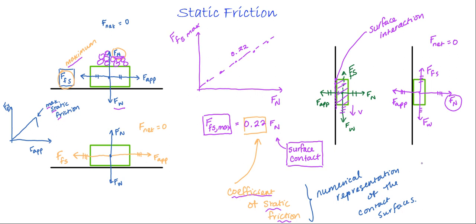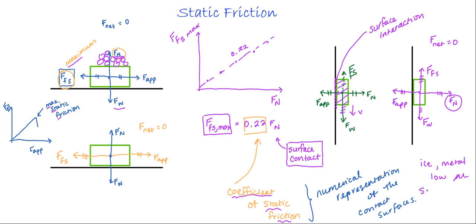So for example, I could have a combination of, let's say, ice and metal. Well, ice and metal, particularly wet ice and metal, might have a very low coefficient of friction. Coefficient of friction is symbolized with the Greek letter mu, which to some people looks like a U with a tail on the front, and to some people it looks like a more cursive M. And so we would have many different experimental values for different combinations of metal.